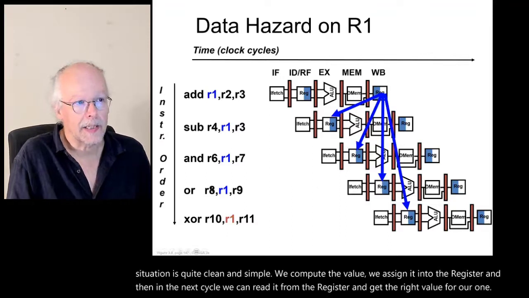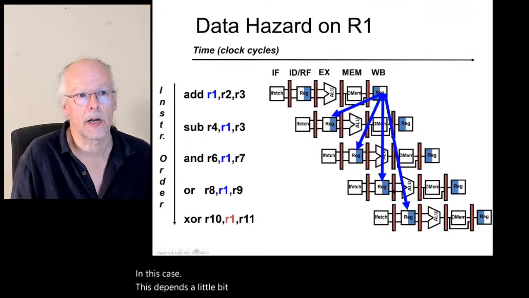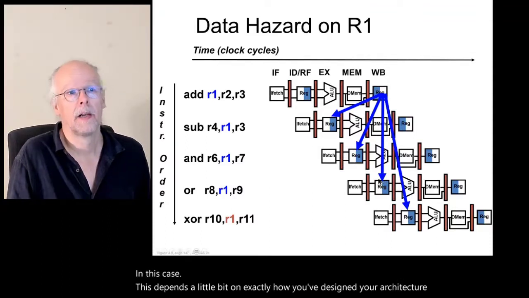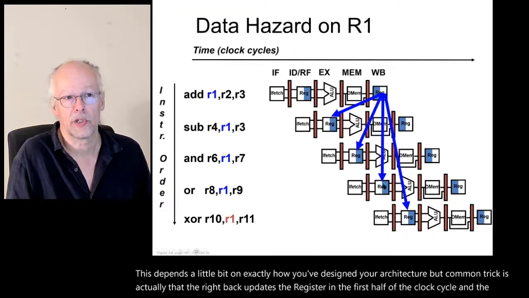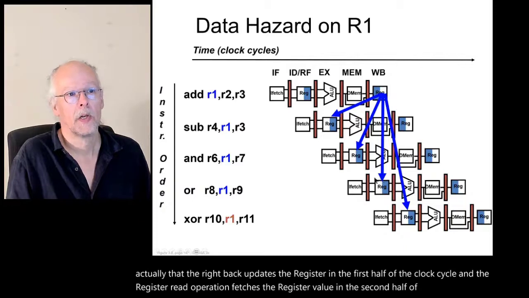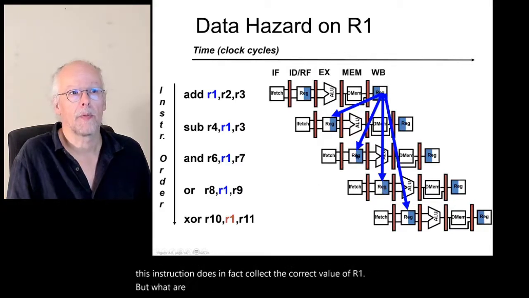In this case, well, this depends a little bit on exactly how you've designed your architecture, but a common trick is actually that the write back updates the register in the first half of the clock cycle, and the register read operation fetches the register value in the second half of the clock cycle, so that this instruction does in fact collect the correct value of R1. But what are we going to do about these two?